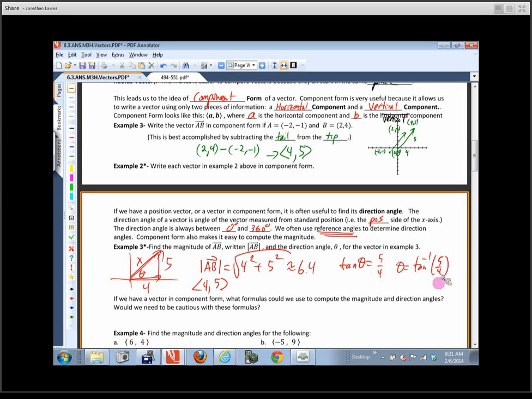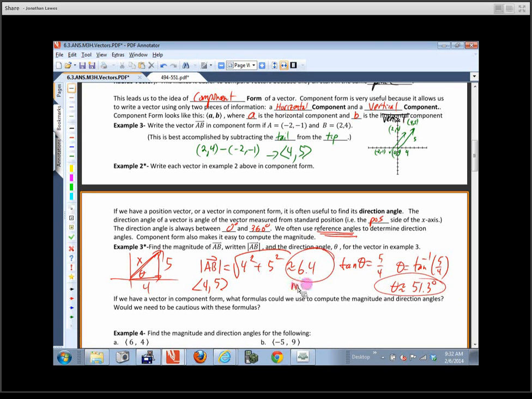And if somebody could throw that into their calculator for me. Again, expecting an answer either bigger or smaller than 45 would be great. We're expecting an answer that is bigger than 45 because that opposite side, that vertical component is bigger. And what do we end up with? 51.3 degrees. So I've got a magnitude and I've got a direction.